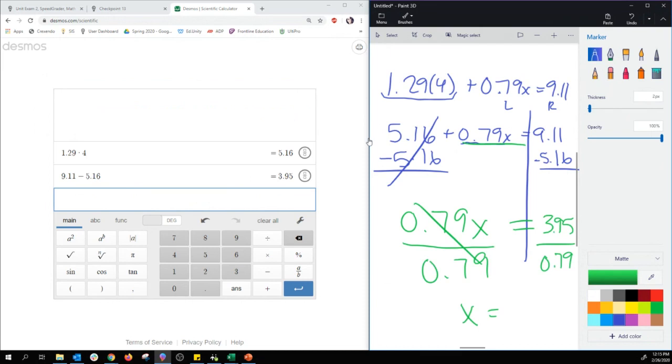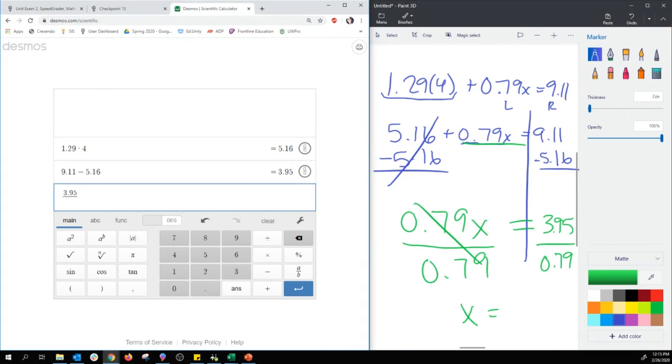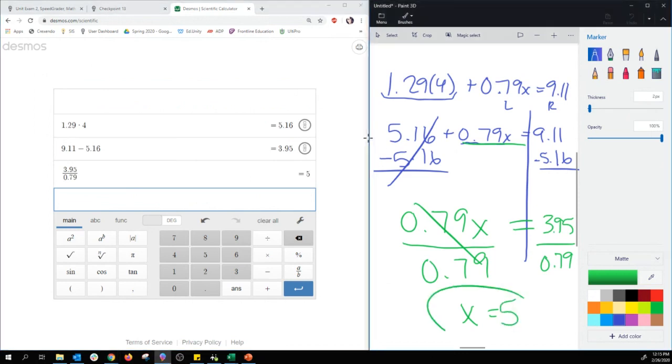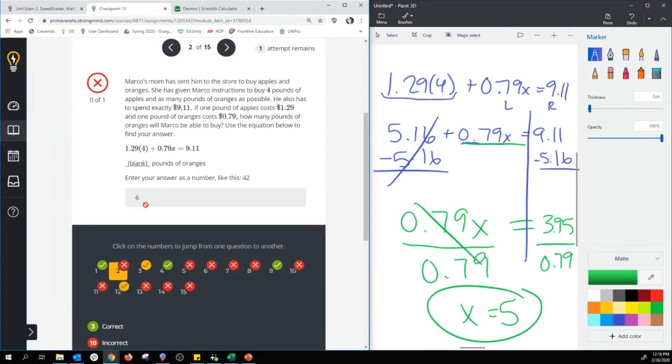Now I know I'm dividing, so I'm going to use my calculator to do the math for me, because I have all those pesky decimals, which tells me that x is equal to 5. So in our blank here, we would put a 5 for 5 pounds of oranges.